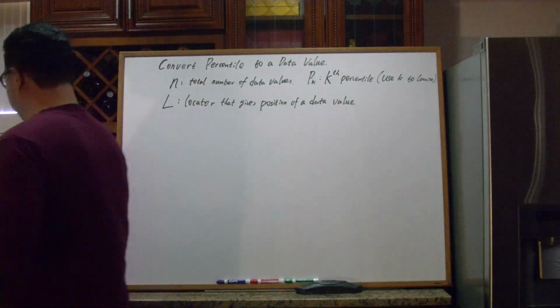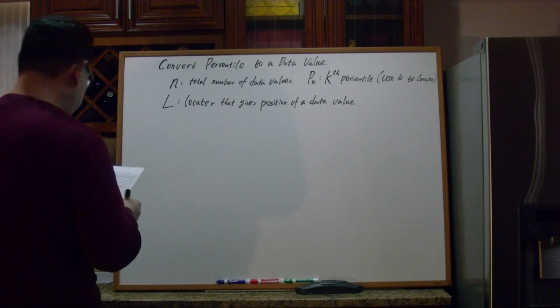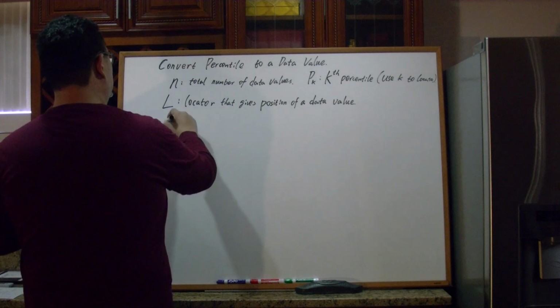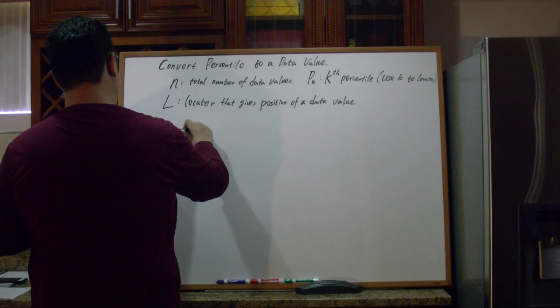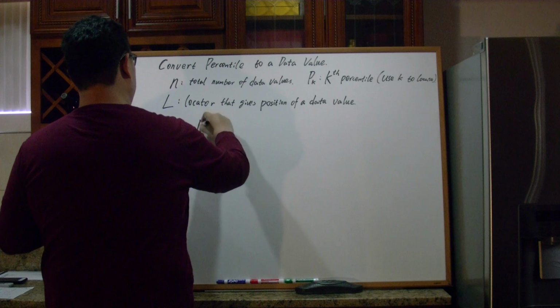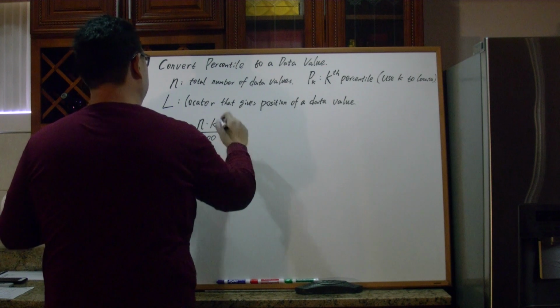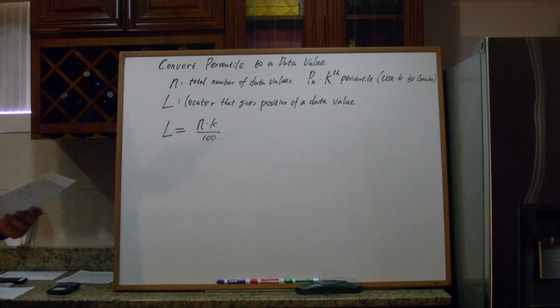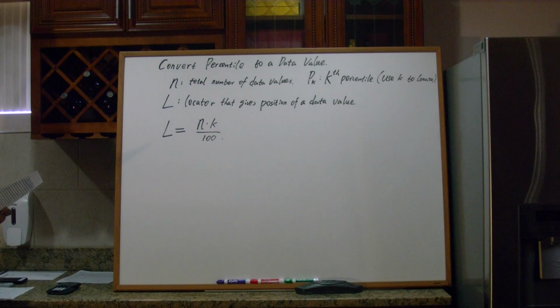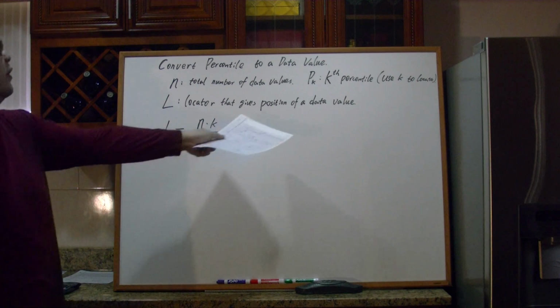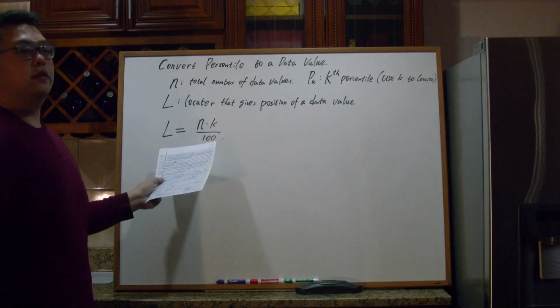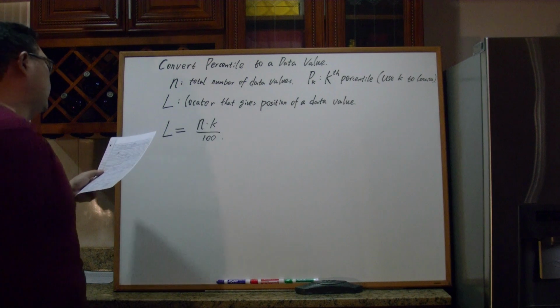The locator gives the position of the data value. And how we calculate the locator is just multiply n by k over 100. That will convert the percentile into the locator to see which one the data will be.